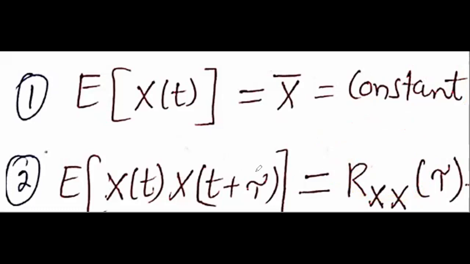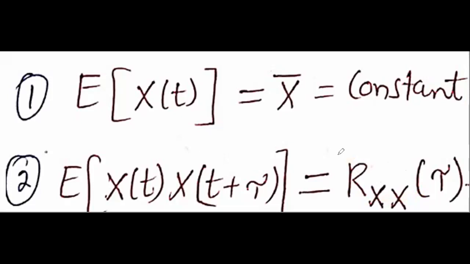See, here we are going to consider the two random variables, x1 and x2 of a random process x of t at two time intervals. Then this is the formula to calculate the autocorrelation function of those two random variables, right?